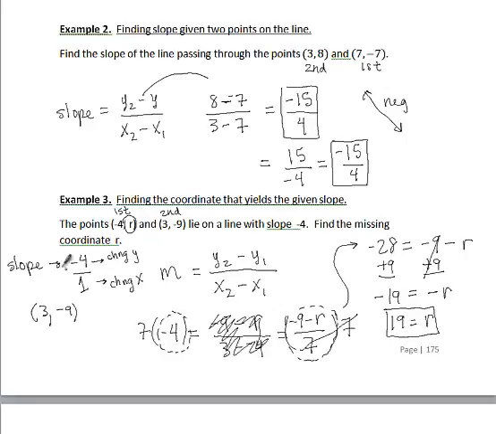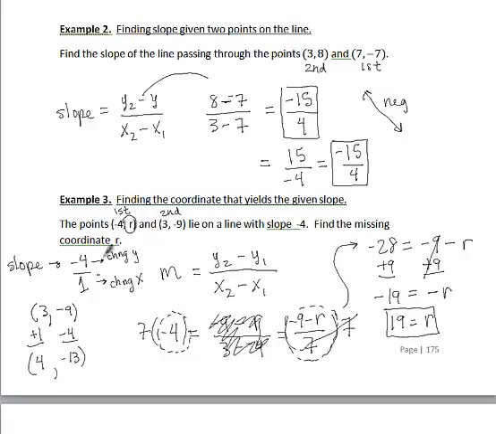So in other words, another way we could apply the slope is to say take this y coordinate and subtract 4 from it, and then take this x coordinate and add 1 to it. And we could real easily get a second set of coordinates on our line. So 3 plus 1 is 4, and negative 9 minus 4 is a negative 13.